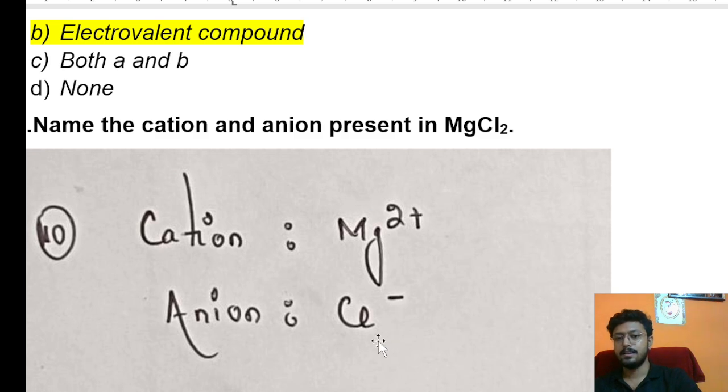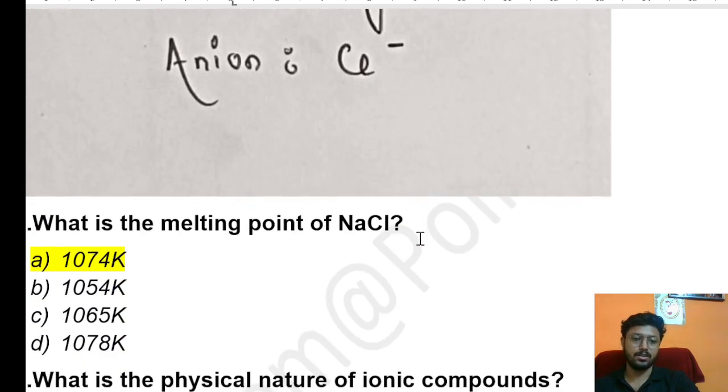Those that develop negative charge, you can say anion. That's why Mg plus 2 is the cation and Cl minus is the anion. Got it? Any confusion? Any doubt in case of cation and anion? Okay, nice. Now move to question number 11.